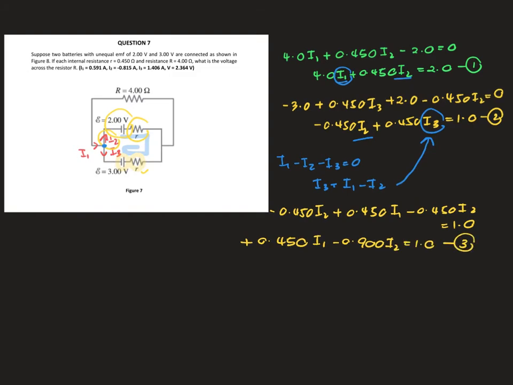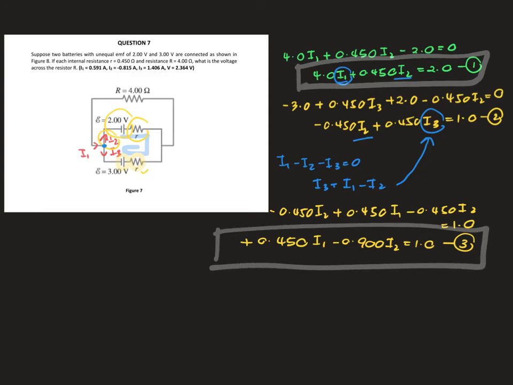Once I'm done with this, I'm going to put this equation and this one inside the calculator. I'm going to get the answer for I1 and I2: I1 is going to be 0.591 ampere, and for I2 I'm going to get negative 0.815 ampere.